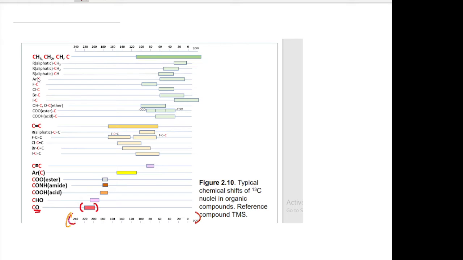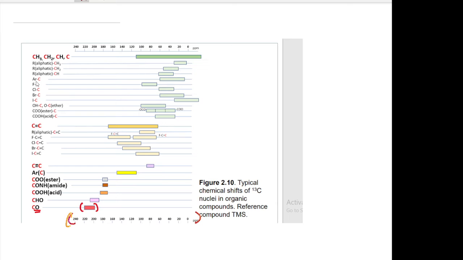If the carbon is attached to the aromatic ring, then it will lie in this range. So from this table you can assume where your carbon will fall, what the range of the signal in the NMR spectrum is. So I suggest that you always use this table while interpreting the carbon-13 NMR spectrum.